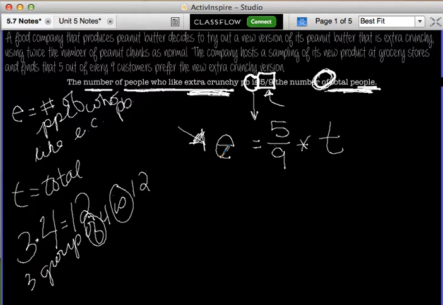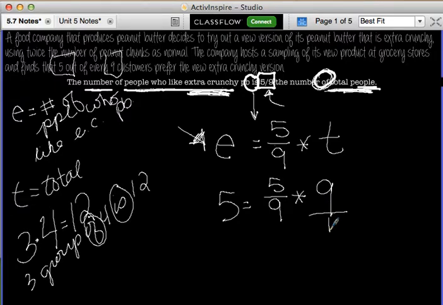So to double check and make sure that this works, we can use the numbers that we had in our actual ratio, which was 5 and 9. So 5 should be equal to 5/9 times 9. And based on our rules of multiplying with fractions, I put 9 over 1, and I get 5 times 9 is 45 because I multiply straight across.